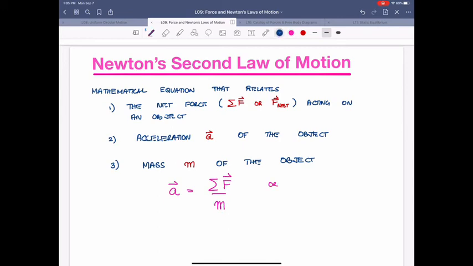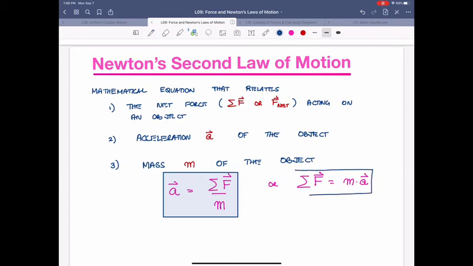Or another way to say that is net force is equal to mass times acceleration. And remember, when you're talking about the net force, it is the sum of all these forces that are actually acting on the object.